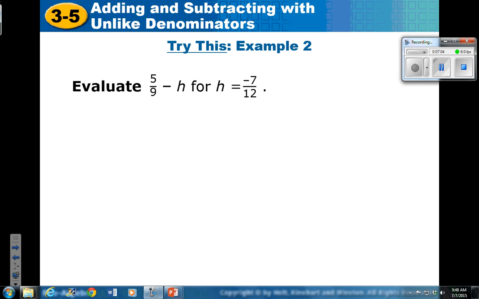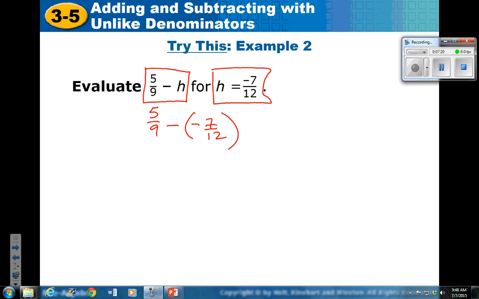Okay, again, we have an expression that we're going to evaluate for this value of the variable. We've got 5/9 minus negative 7/12. You should know that subtracting a negative is the same as adding a positive, so it's really 5/9 plus 7/12.